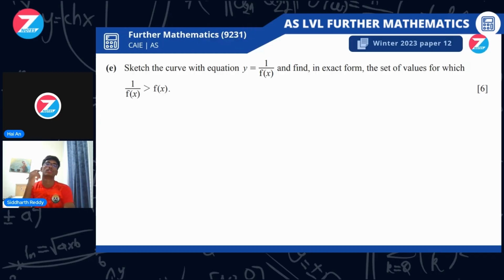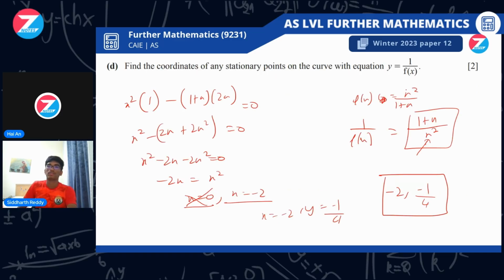Okay, so this is the last part. Sketch the curve with the equation y is equal to 1 by f of x and find, in exact form, the set of values for which 1 by f of x is greater than f of x. Let's put this something like this.